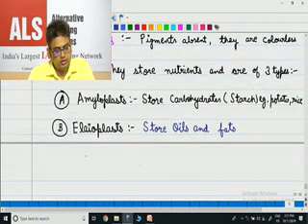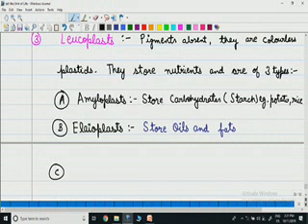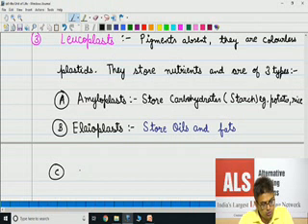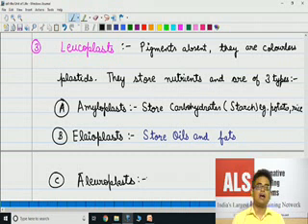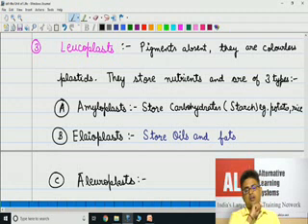Number 3, or C, is aleuroplasts. Can you give me an example of aleuroplasts? It is derived from the aleuron layer in monocots. So the aleuron layer will have aleuroplasts. It is going to store proteins.